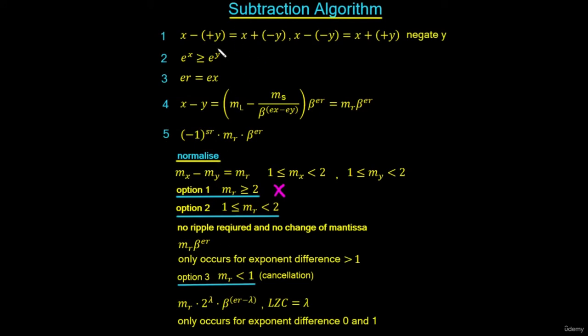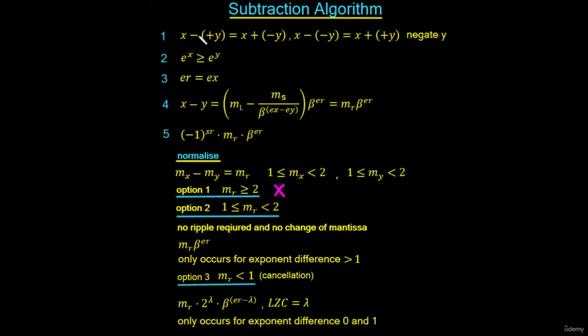So for the subtraction algorithm, first of all, we want to see whether we actually had the subtraction button clicked. If that subtraction button is clicked, then we're going to have to negate the value of y. So x minus y is the same as x plus minus y.